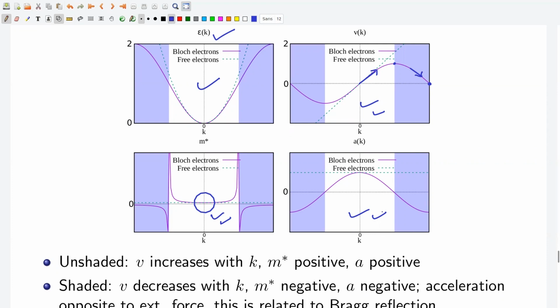On the other hand, Bloch electrons differ from free electrons significantly in the shaded region. Velocity decreases with k, m star is negative, and acceleration is negative. That is, acceleration is opposite to the external force, which is related to the Bragg reflection. In conclusion, the effect of the periodic potential is manifested mainly near the zone boundary, while the free electron description remains valid near the zone center.